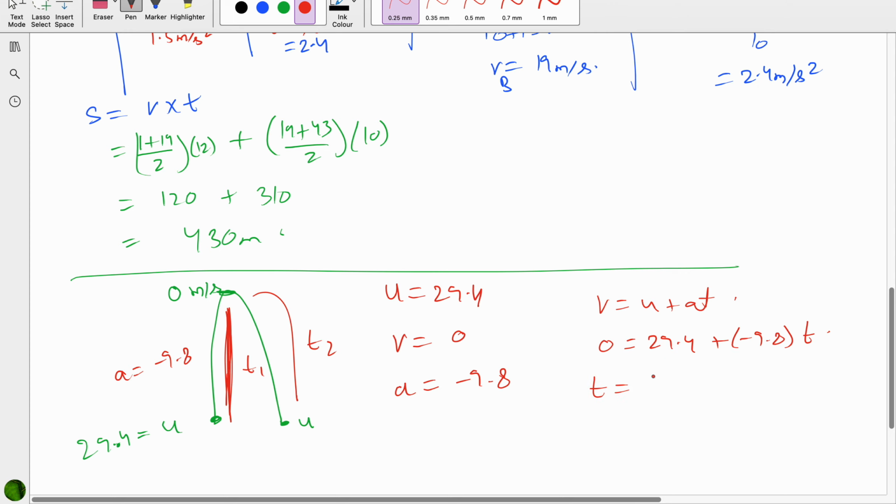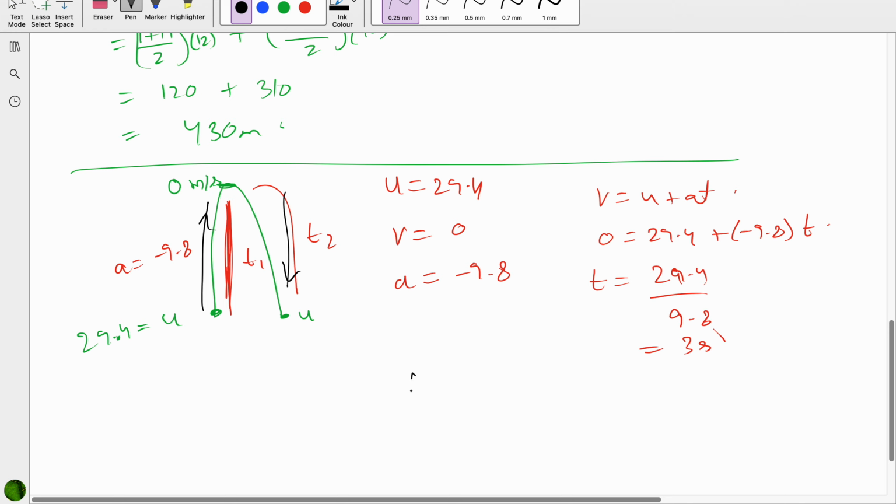So time is equal to 29.4 by 9.8. That leaves us with 3 seconds. So when it takes 3 seconds going up, it takes 3 seconds coming down. So the total time is 3 plus 3, that is 6 seconds. Clear?